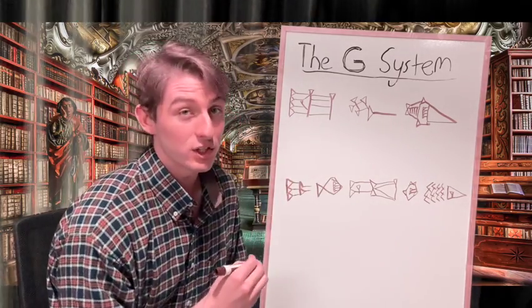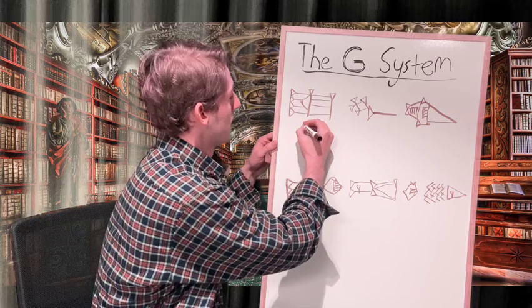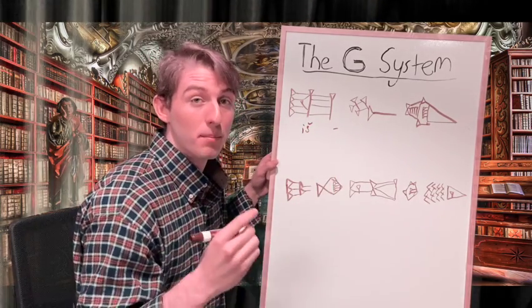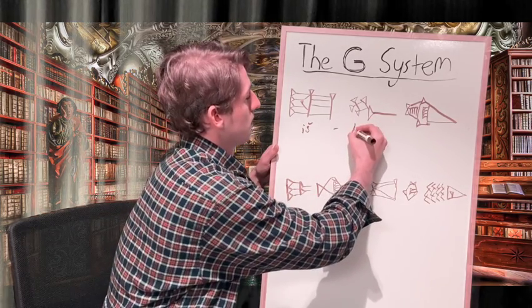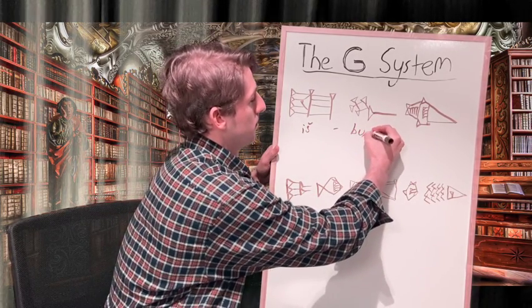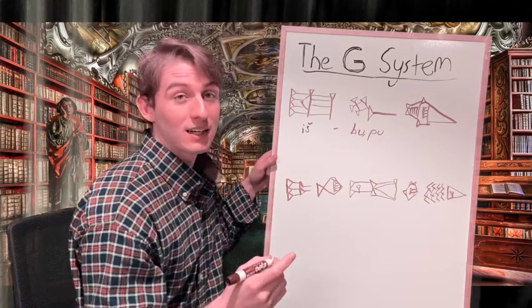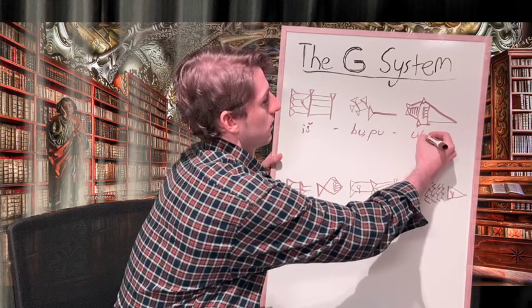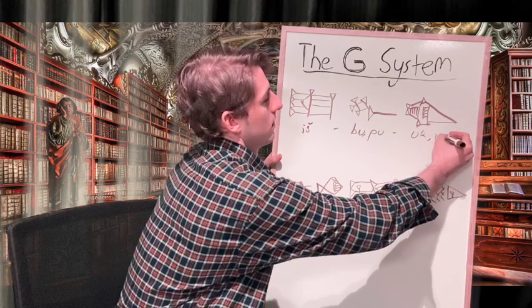This is the ish sign, I, shin. The next sign is bu, pu. And the last sign is uk, ug.